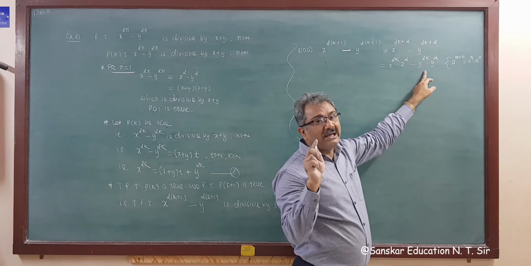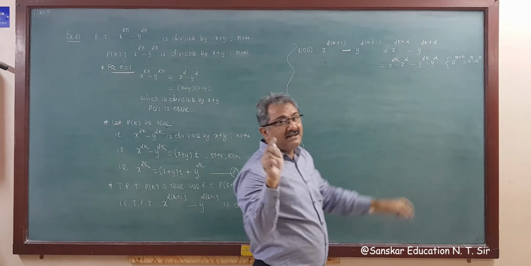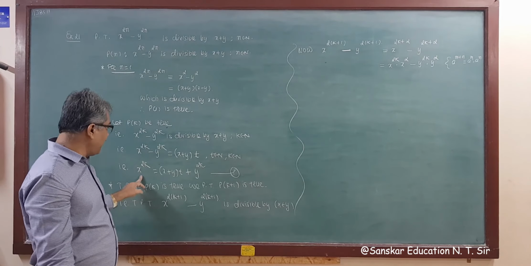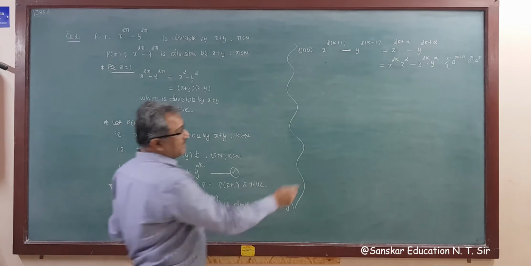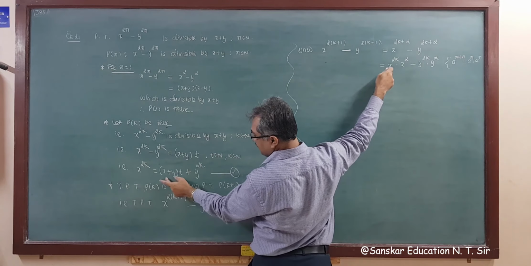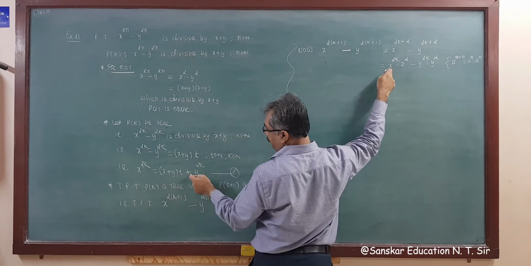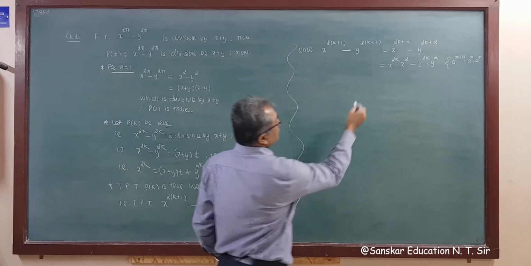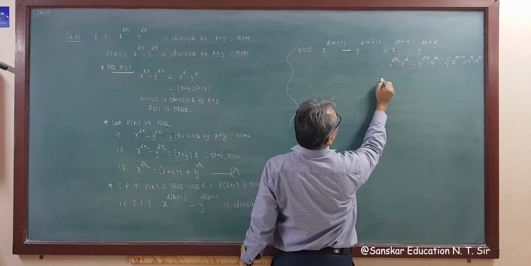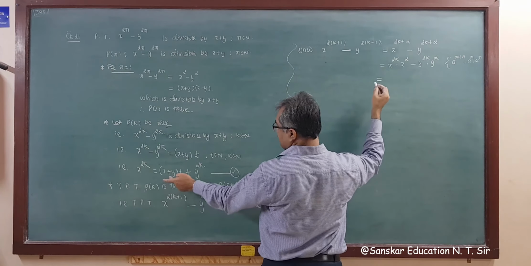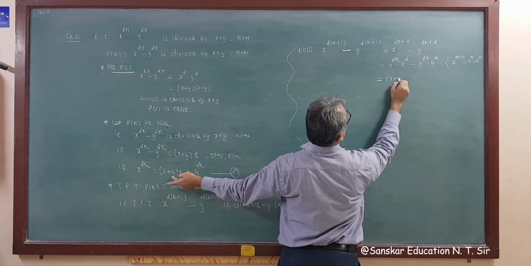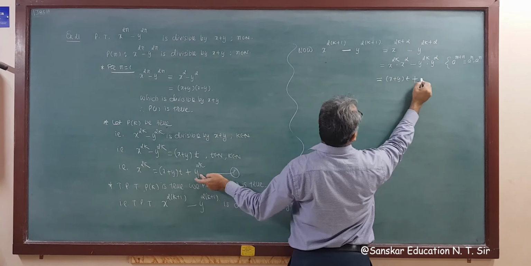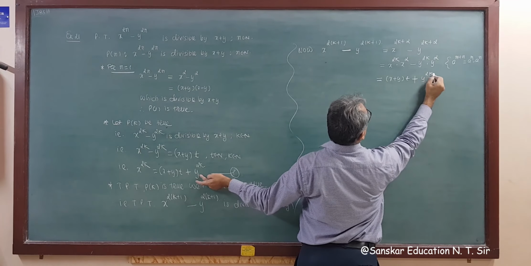Now we have to apply result number 1. Now result number 1 is this: the value of x raised to 2k is x plus y into p plus y raised to twice k. So substitute this. So what is your answer? This is x plus y into p plus y raised to twice k.